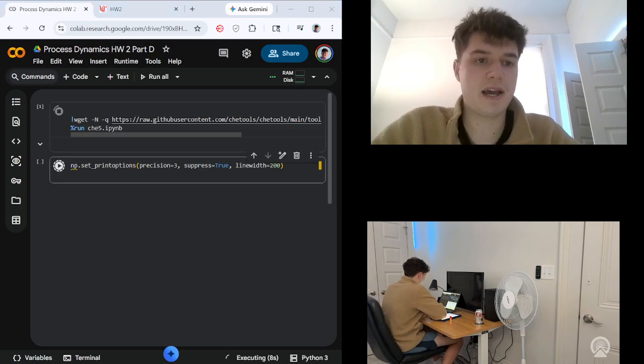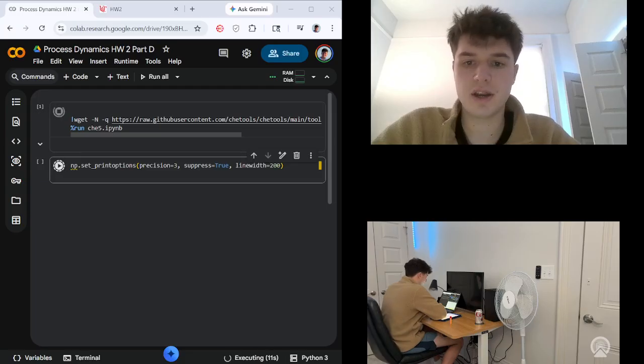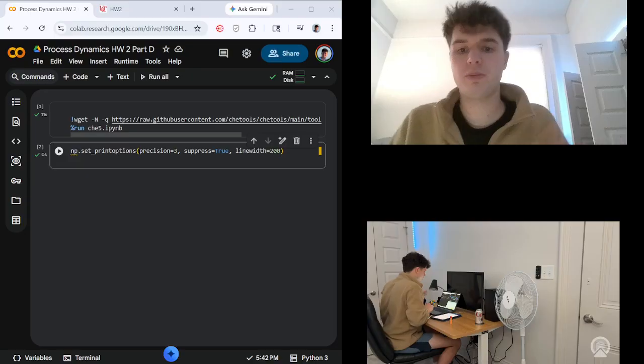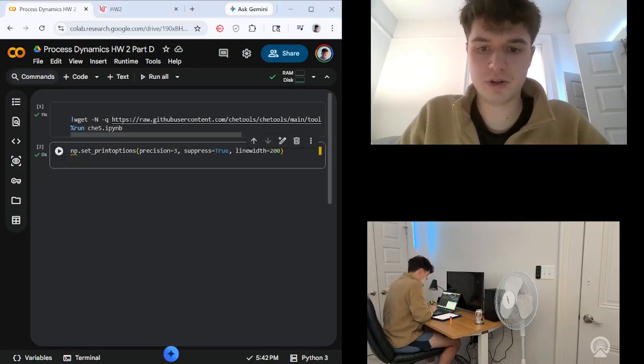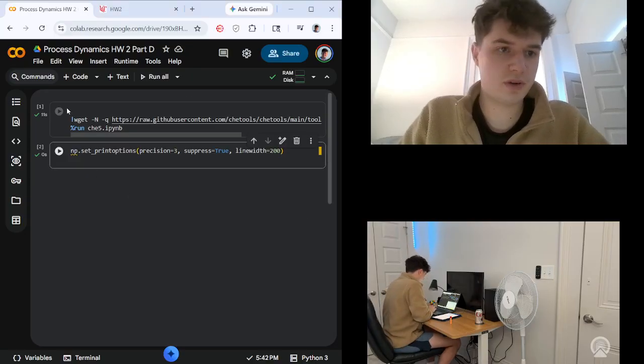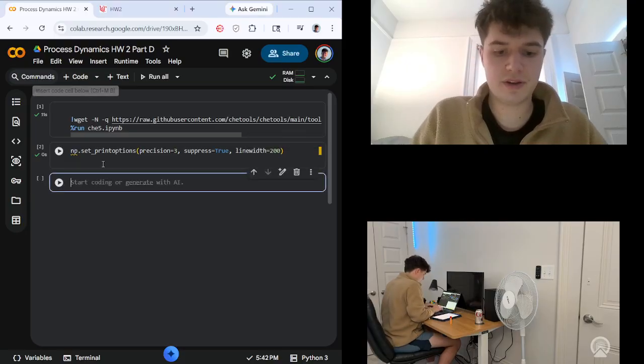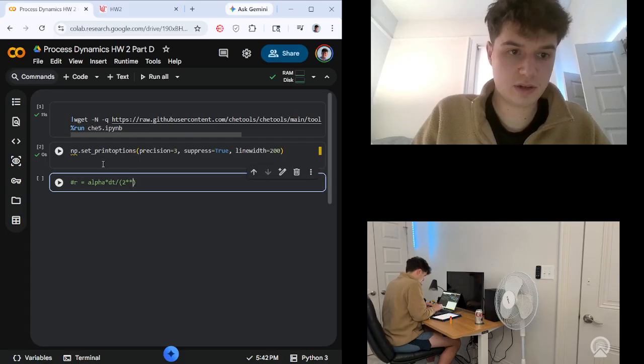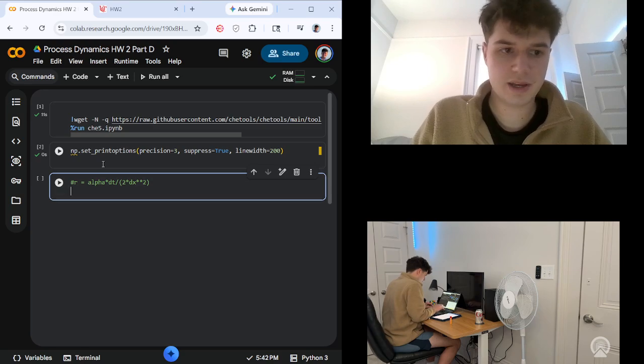Got the imports in here. We also have our print options done. We are going to work through this just like the last one, step by step, and learn this together. This will go pretty quickly because it is super similar to part C, in which we first set our R value, which is equal to alpha times dt divided by 2 times dx squared.